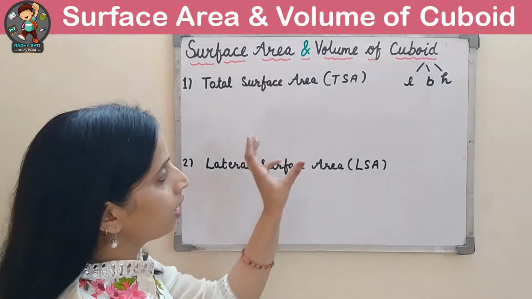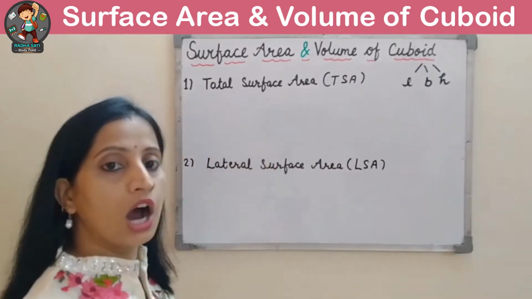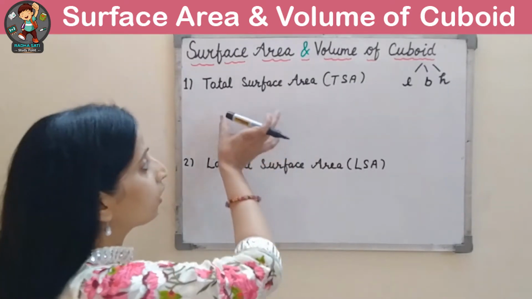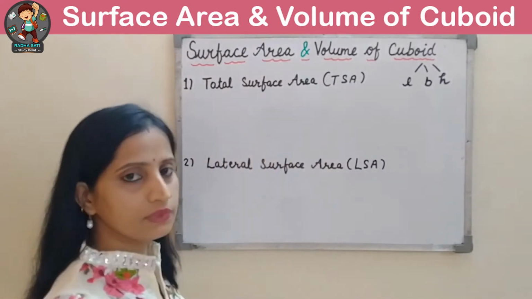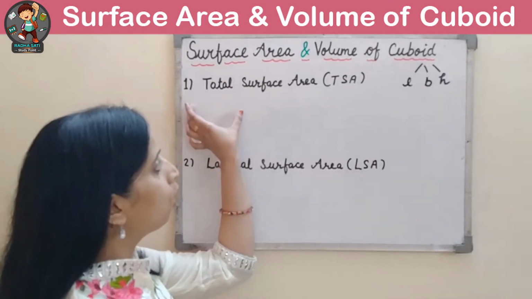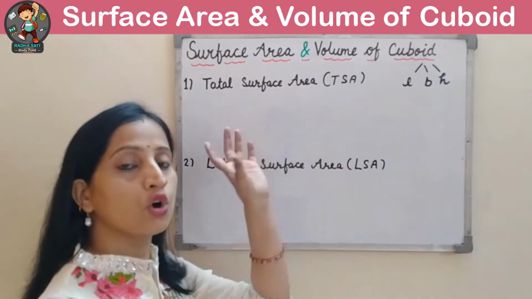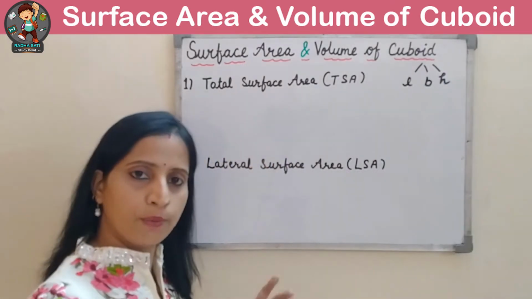Okay. So now we will learn how to find out its total surface area, meaning the area of all the surfaces, all the faces of a cuboid.